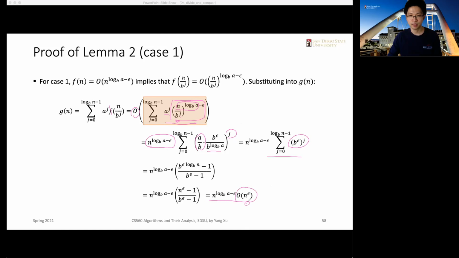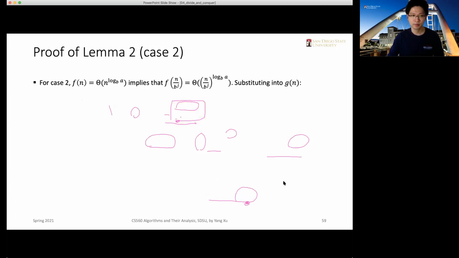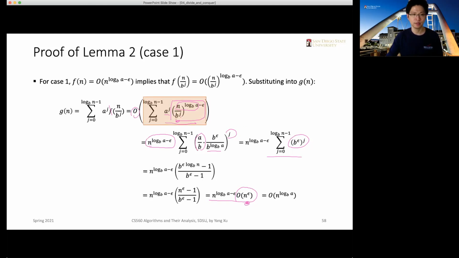It's bounded by this polynomial function, which we can further write into big O of n to the power logarithm base b of a. And in that case, case 1 is proven.